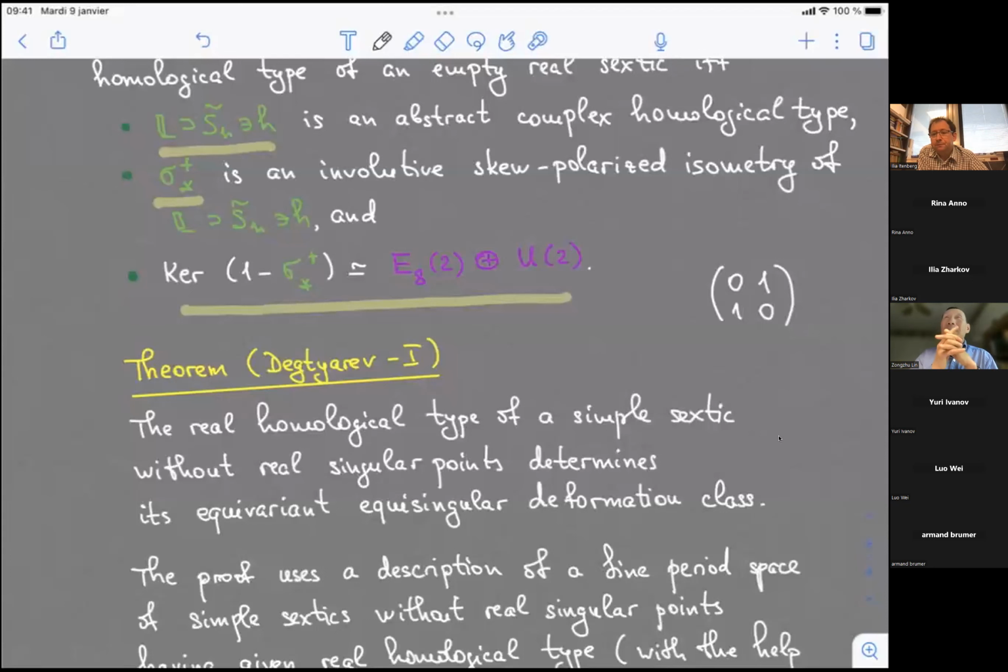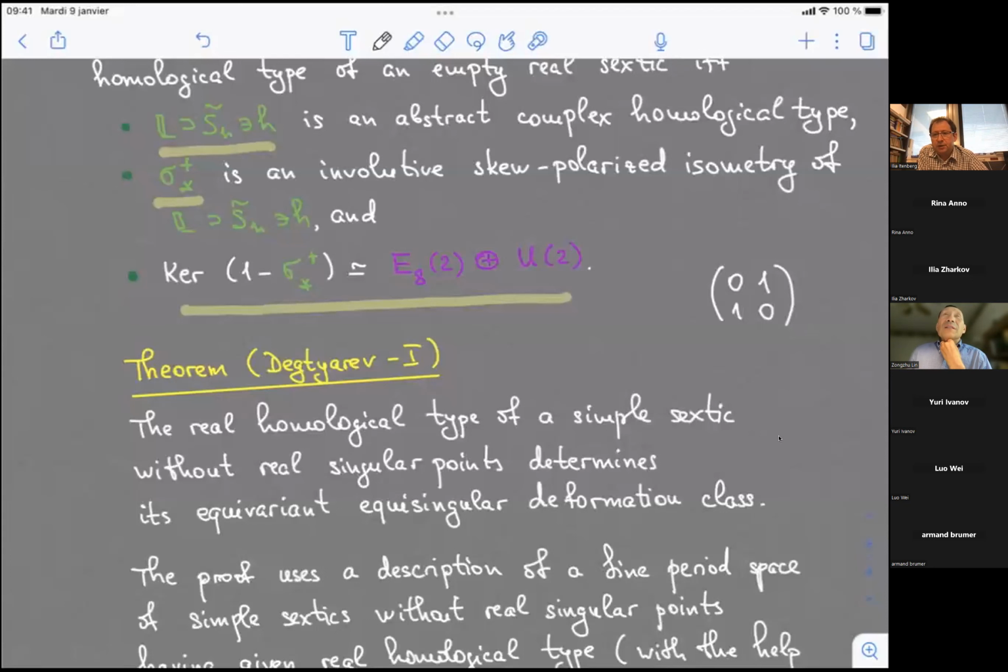And then also on this abstract complex homological type, here you have this H tilde. H tilde is also a sublattice: it is the primitive hull of the sublattice generated by the exceptional divisors and the polarization.